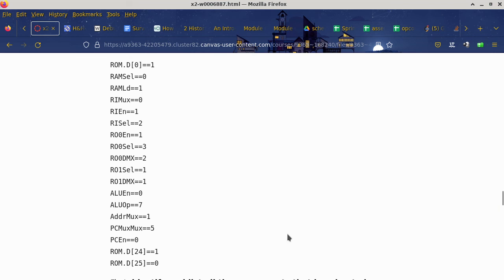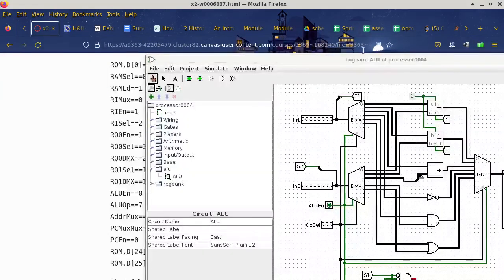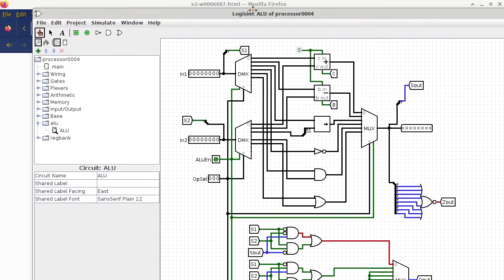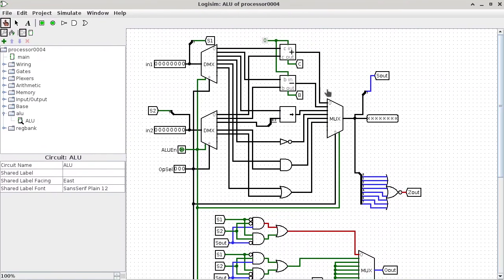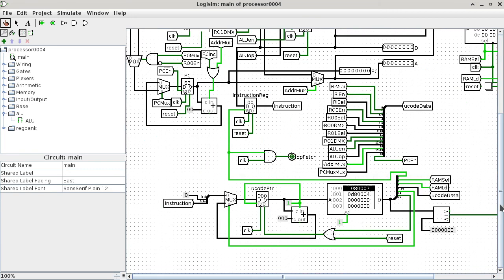Okay, so to explain that, let me bring up Logisim because it relates to Logisim. And we go back to main. So each one microcode refers to one location of ROM. So that's basically what it is. Every location of ROM is known as one microcode or one slice.